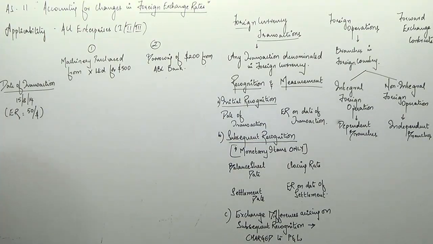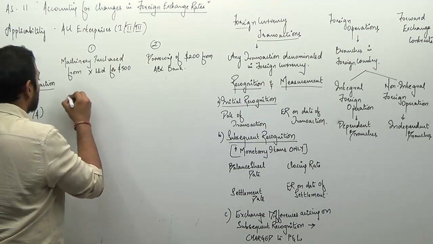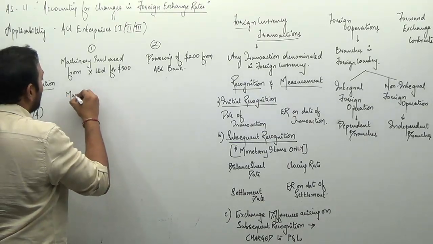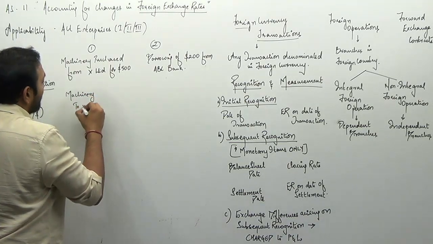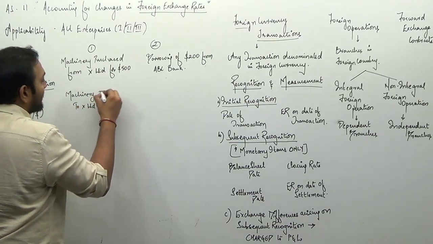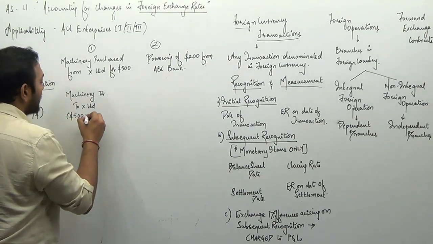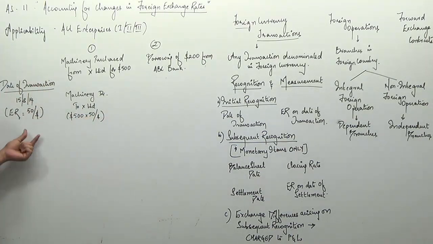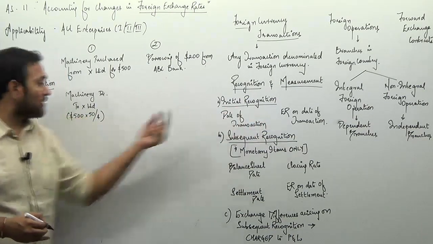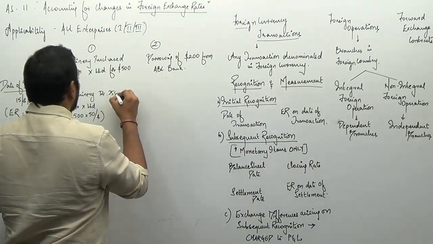Don't go for the actual rate. Then how do we record this transaction? Machinery purchased from X Limited. The entry should be: debit machinery account, credit X Limited. What value? $500 into 50 rupees per dollar, the exchange rate on date of transaction, the initial recognition. The answer should be 25,000.